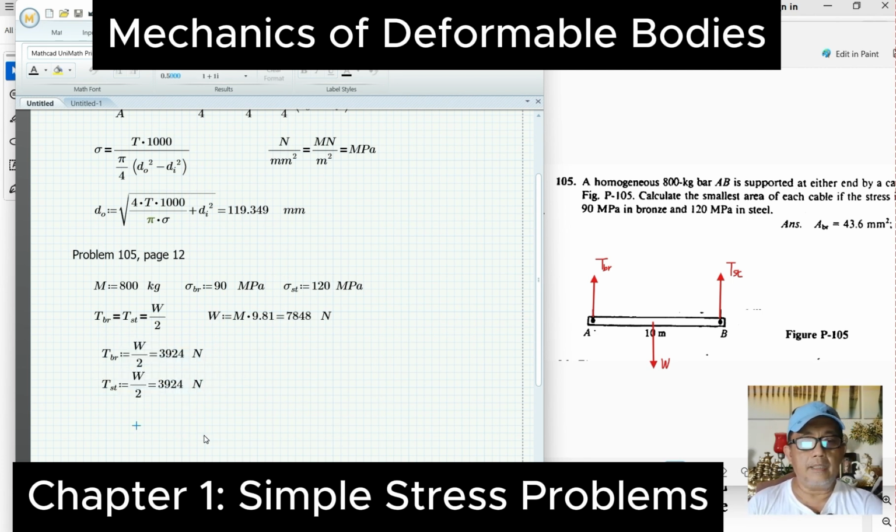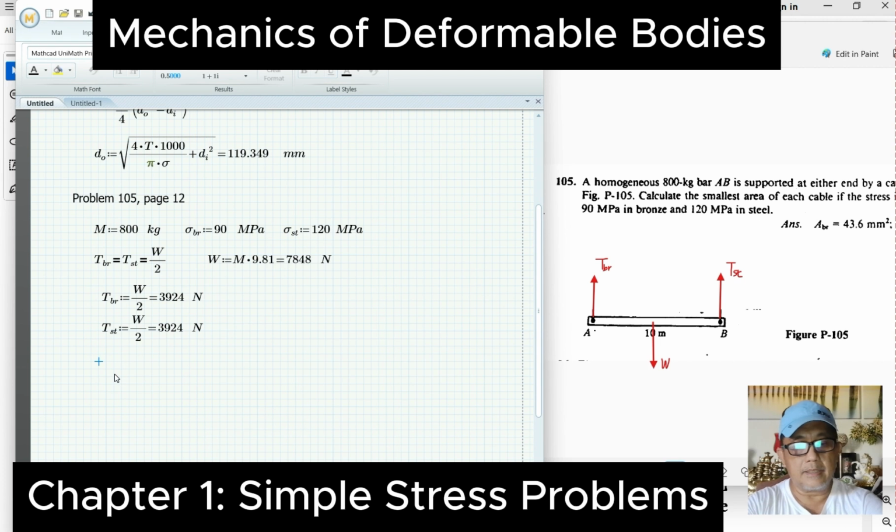So with T sub BR and T sub ST known, and we have the allowable stresses, 90 megapascal for bronze and 120 megapascal for steel, we can now solve the area in each of the materials because stress is equal to force divided by area. That means area is force divided by the stress.